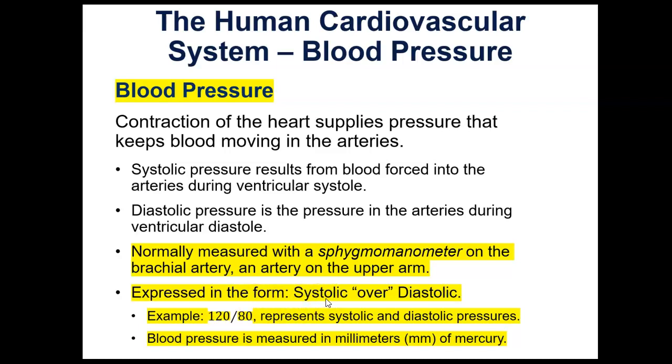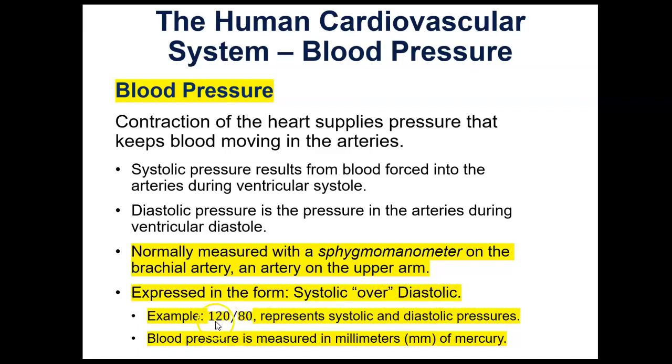When you hear the first heartbeat, that's going to represent the systolic pressure, which is the higher pressure in the brachial artery. And then the last heartbeat that you hear in the stethoscope is going to represent the diastolic pressure.